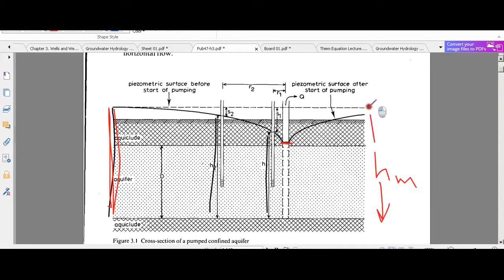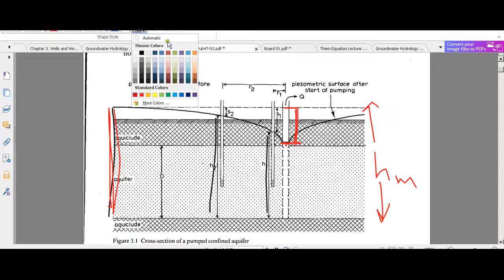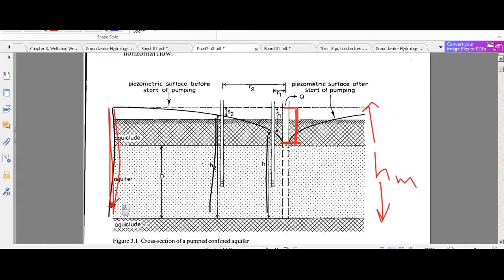So from that you can directly find the length of this drawdown, this guy. Understand the ultimate variation? So you can get this, and you can find this radius from the center now, because this is the center of the well, right?